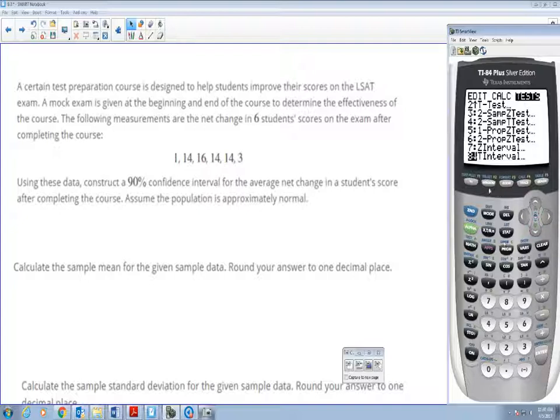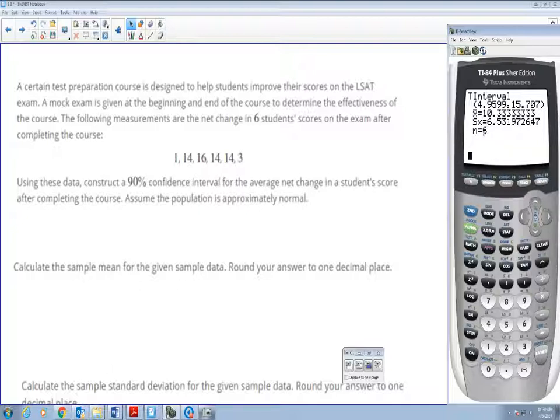You do the t interval, and I type in my data. So we highlight the word data, press enter. Our list was L1, frequency 1 at a time. I need to calculate a 90% confidence interval. When we calculate, it provides my lower bound, upper bound, my point estimate, and my standard deviation right away.